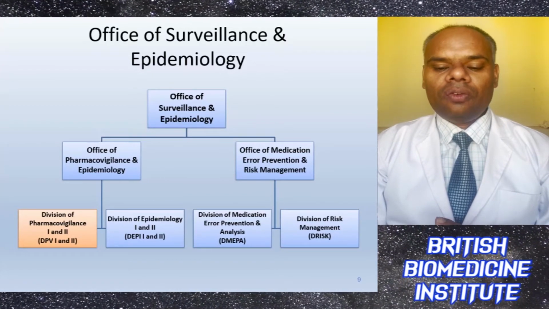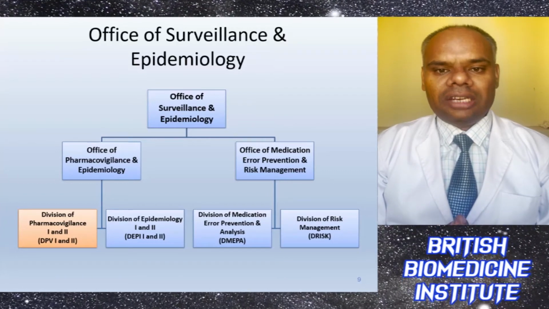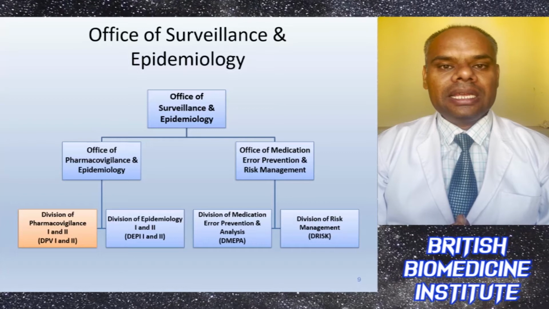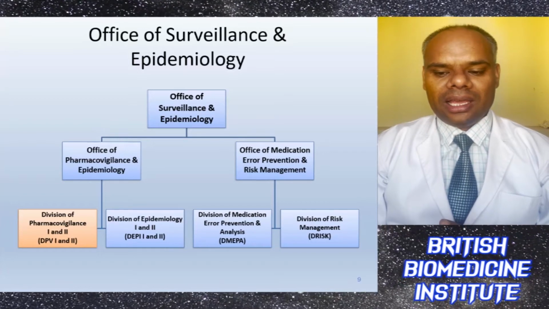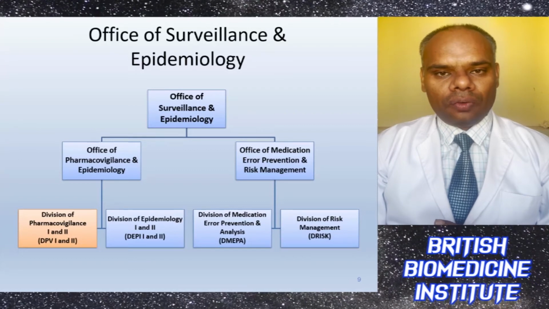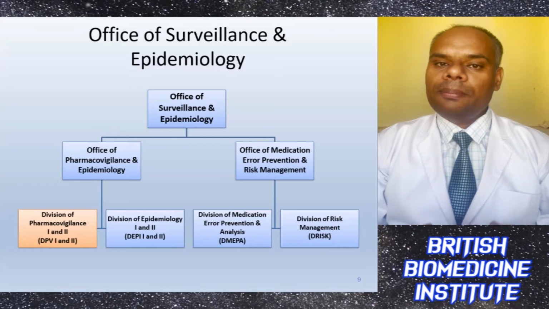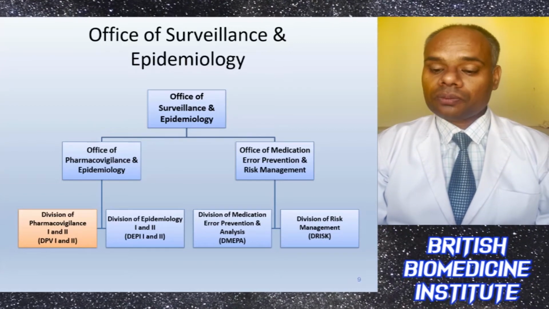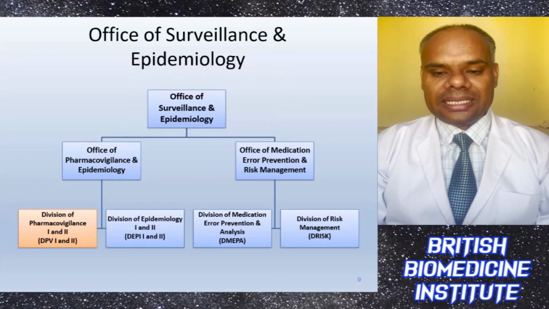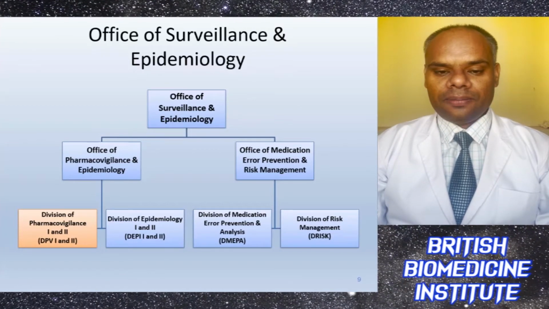The Office of Medication Error Prevention and Risk Management is again divided into two divisions named DMEPA and DRISK. The full form of DMEPA is Division of Medication Error Prevention and Analysis, whereas DRISK is the Division of Risk Management.